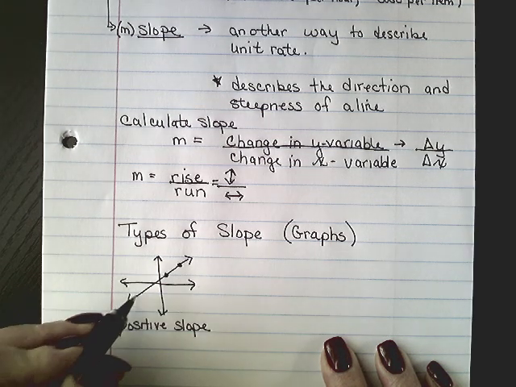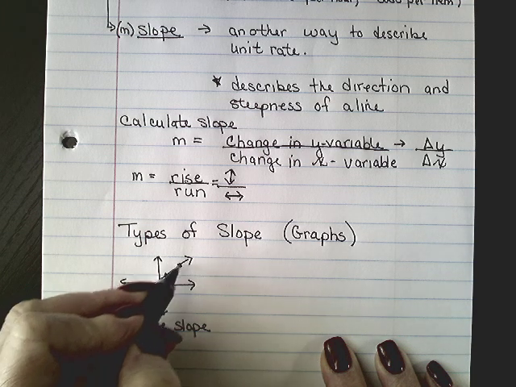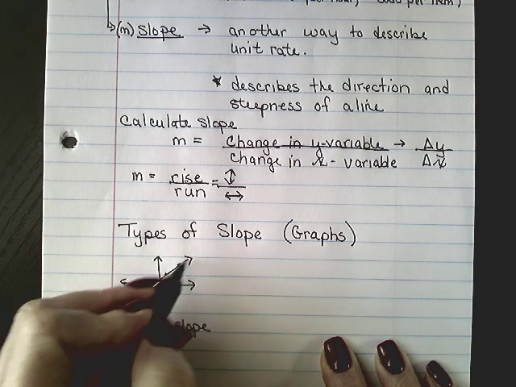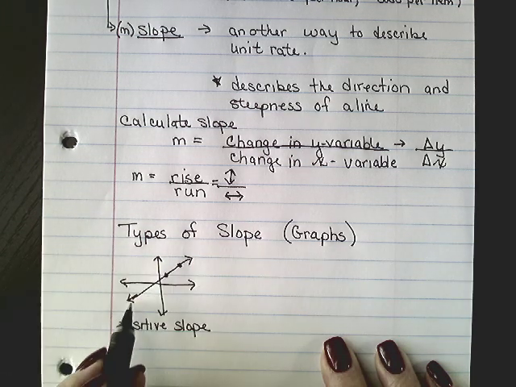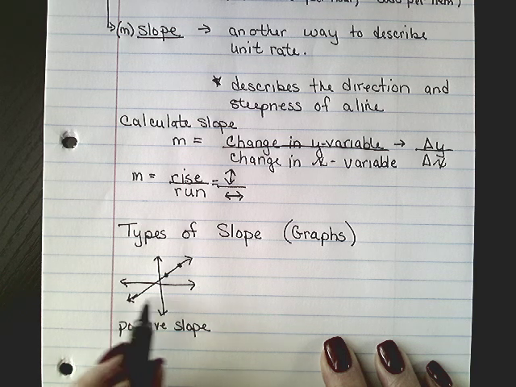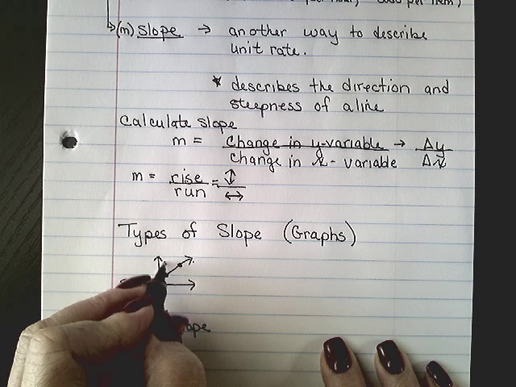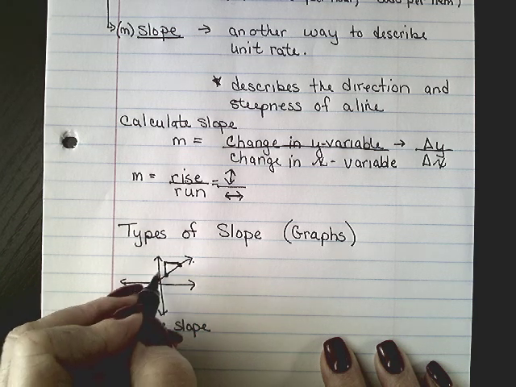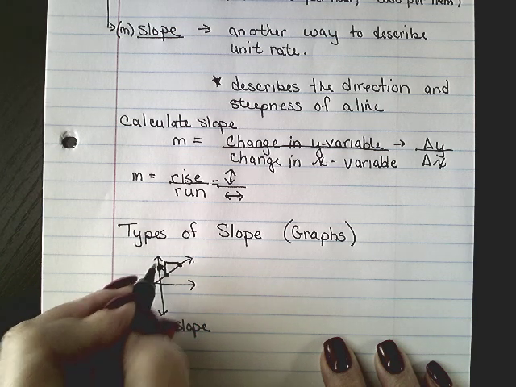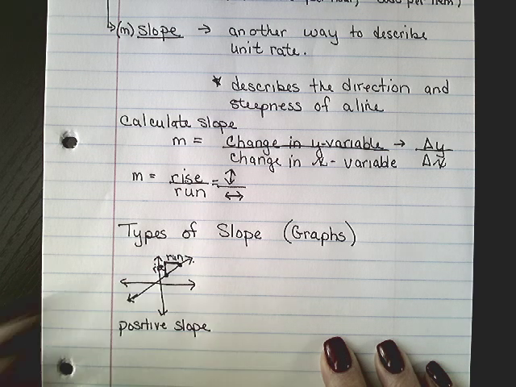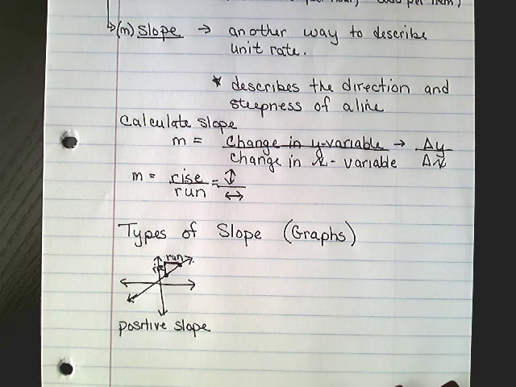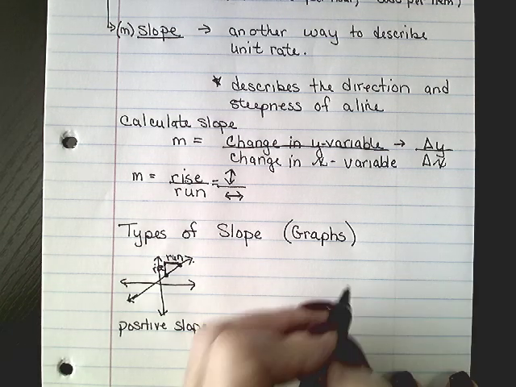Why? Because your line is climbing. We read the graph from left to right. So here I'm at the bottom. As I go across my graph, I climb higher. This is what we will call the rise over the run. Okay, that's like your staircase, your rise over your run.